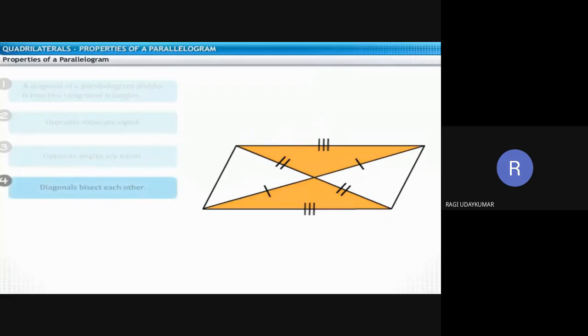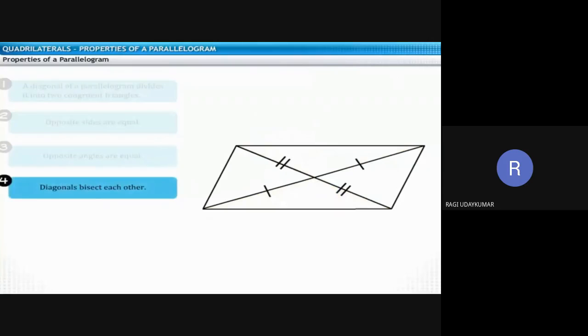By what congruency can you say they are congruent? Adjacent sides, SSS congruency. By SSS congruency, these two are congruent. So, diagonals bisect each other.